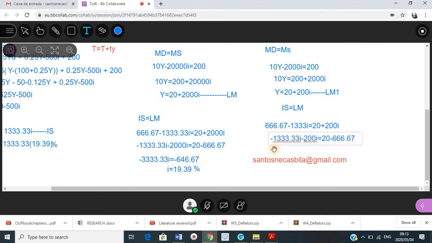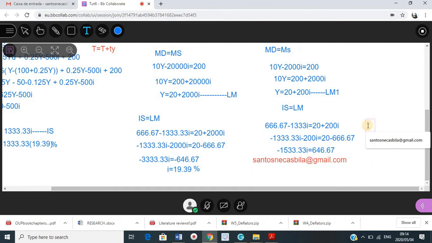Okay, so this is going to be equal to minus 1533.33I equals to 646.67.